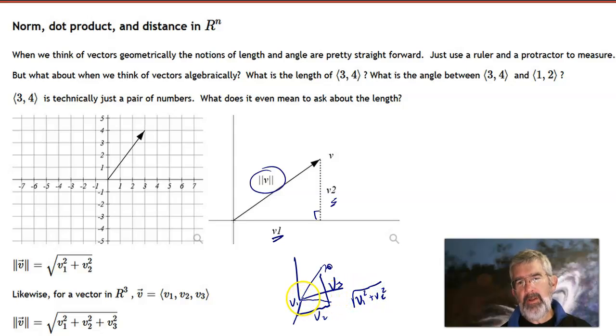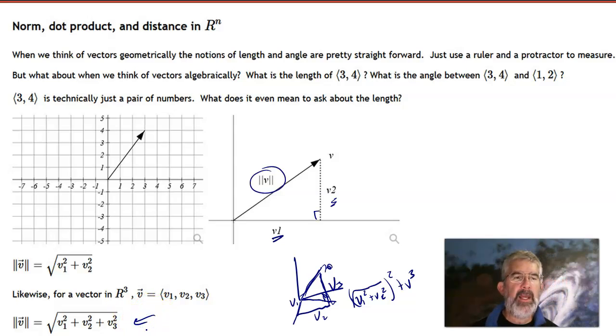But then you'd have another right triangle here, where that's a right angle, and this thing squared plus v3 squared would be the square of the length that we want. Well, the square of the square root just gets rid of both of them, and you end up with this formula right over here, that the length of that vector is the square root of the sum of the squares of the components, right?